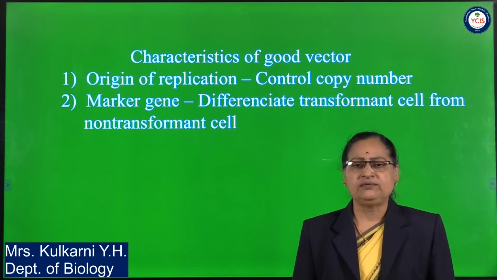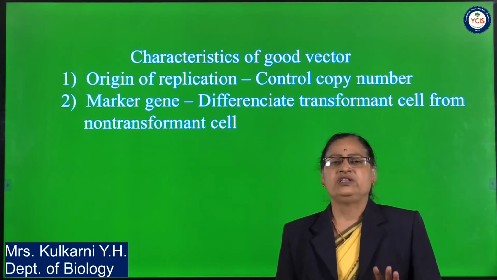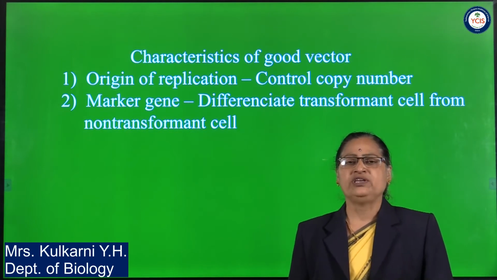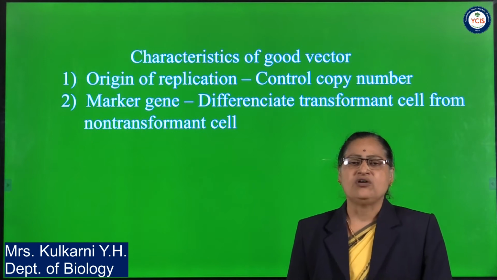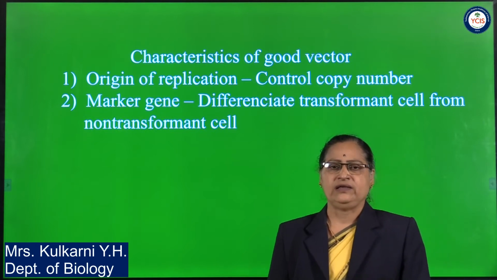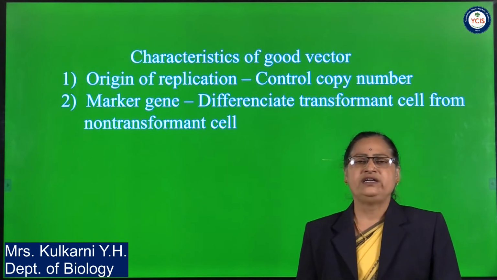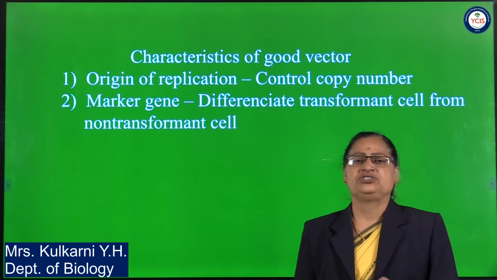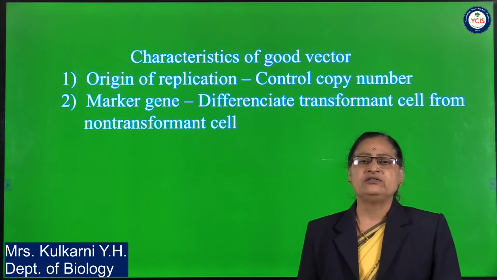The selectable marker can recognize and differentiate non-recombinant cells from recombinant cells, non-transformant from transformant cells, and it promotes the growth of transformant cells by the antibiotic resistance gene or ampicillin resistance gene. So this is the role of the marker gene.